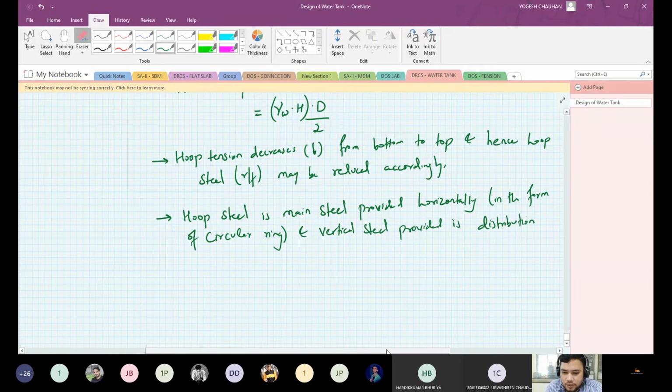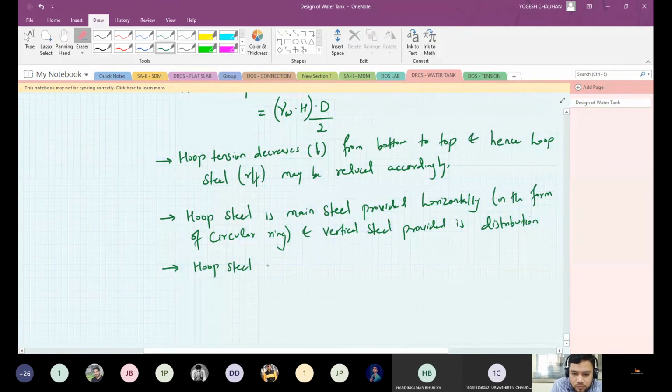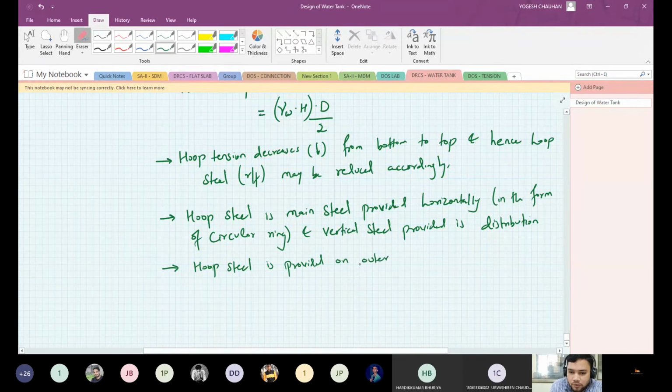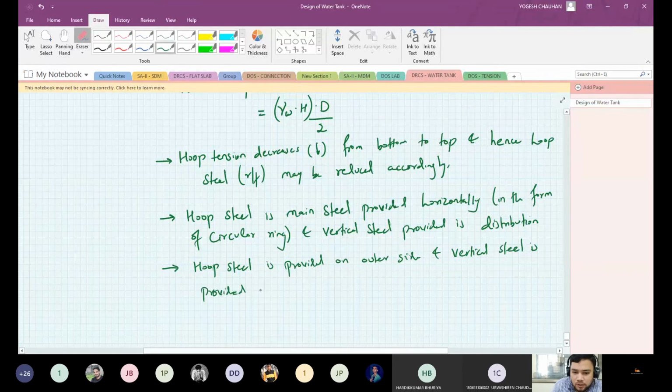The main steel, or the hoop steel, is provided on the outer side, and the distribution steel, or the vertical steel, is provided on the inner side to facilitate ease of construction.